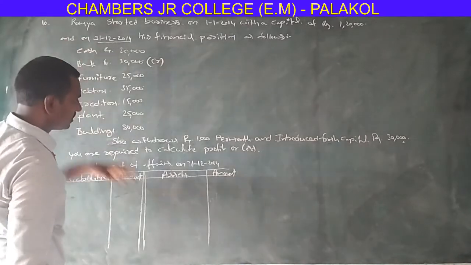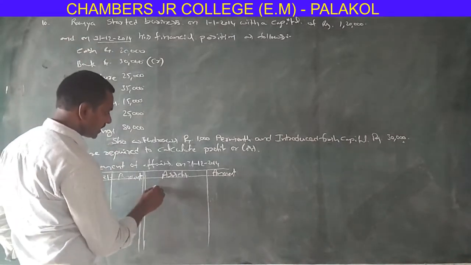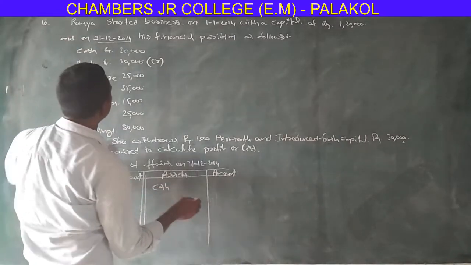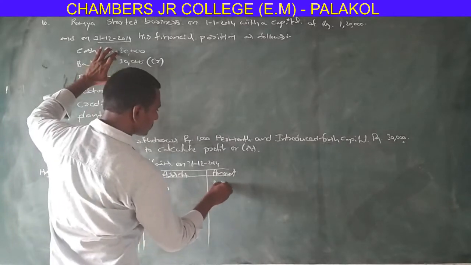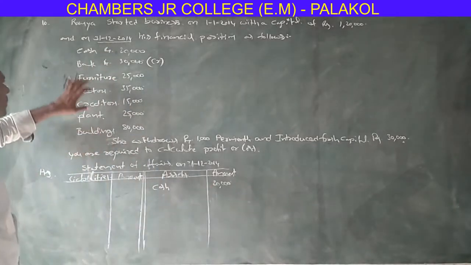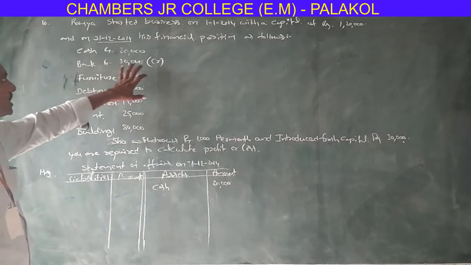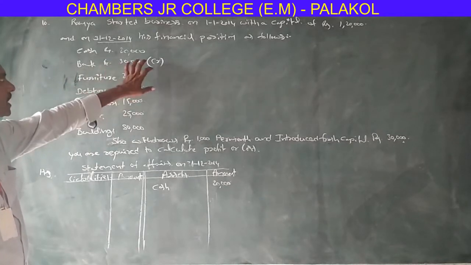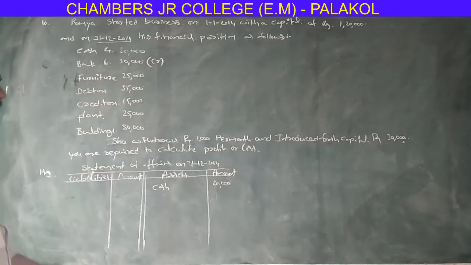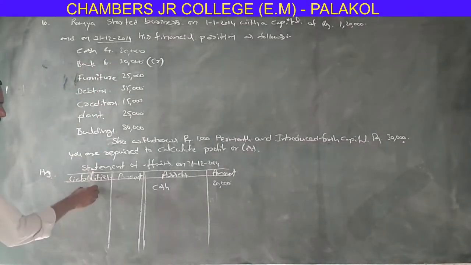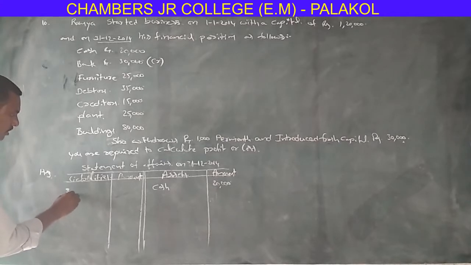Here, cash is an asset. It is taken into the asset side. Cash, rupees 20,000. Next, bank, rupees 30,000, in brackets credit. Credit means overdraft balance. Bank overdraft is a liability, so it is taken into the liability side.